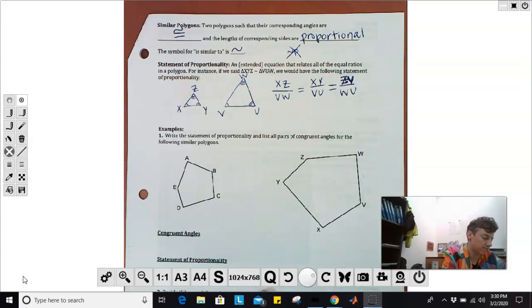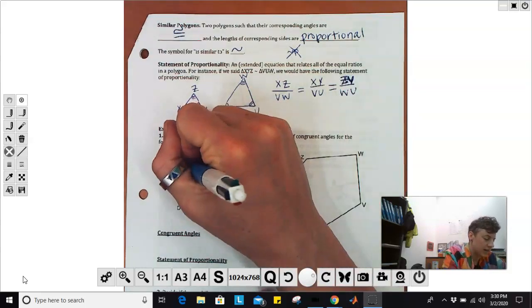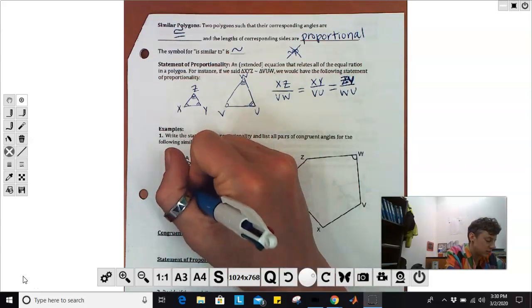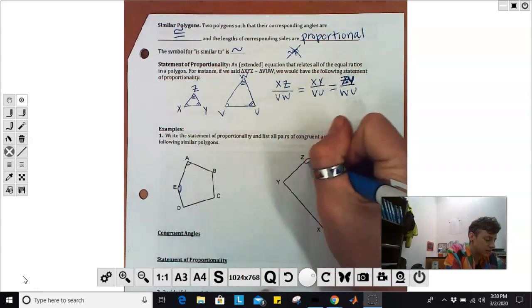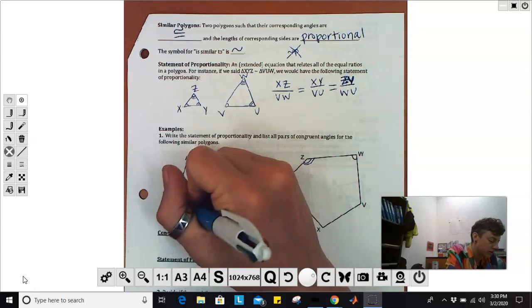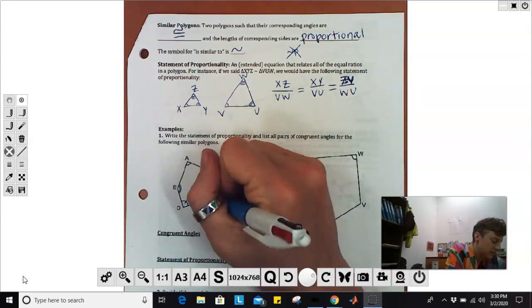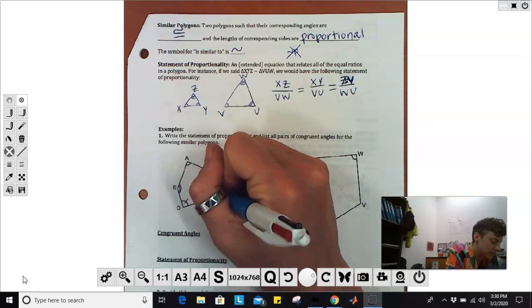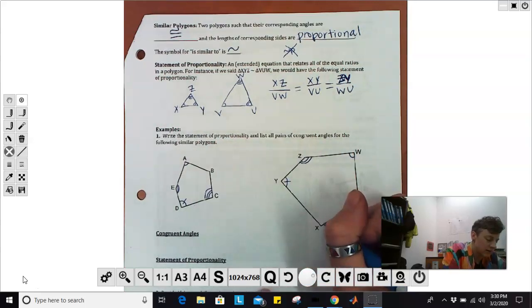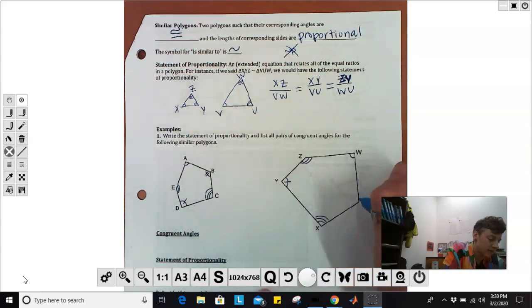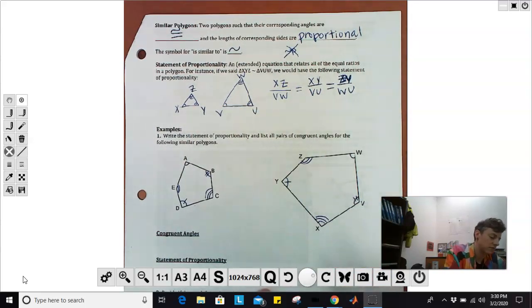I think that's easier. I can see that A is congruent to W. I can see that E and Z are going to be congruent. D and Y. C and X and B and V. Cool. Write out what we just said.